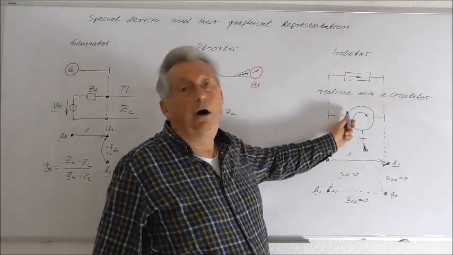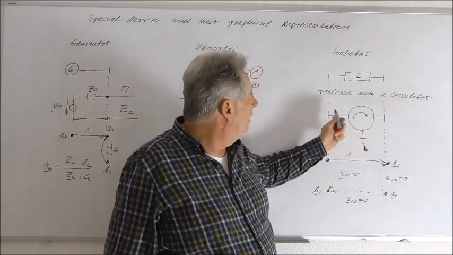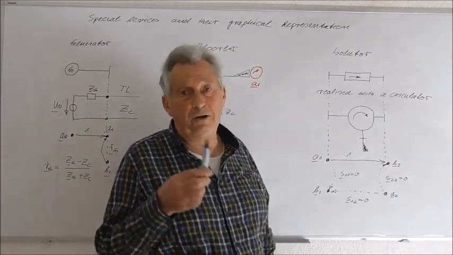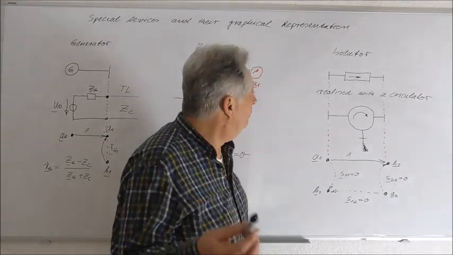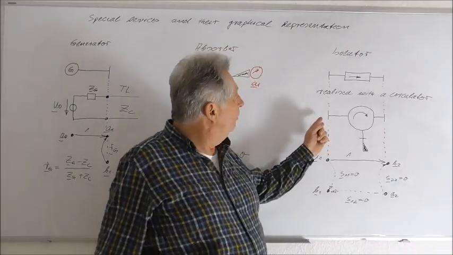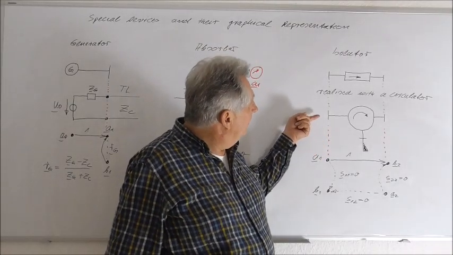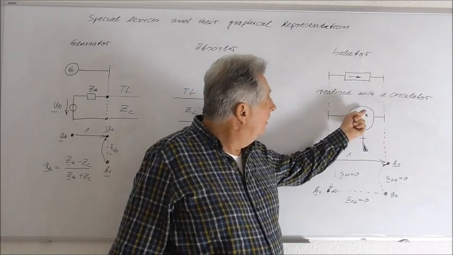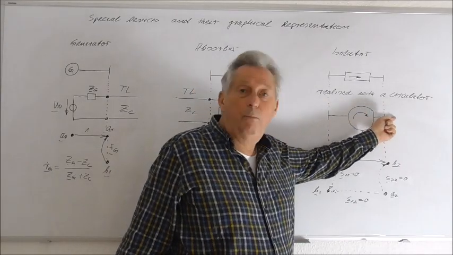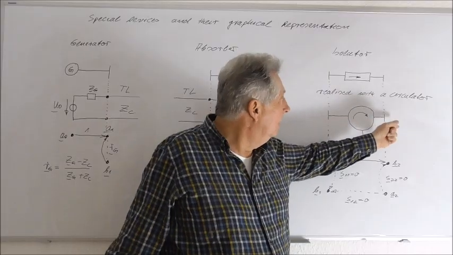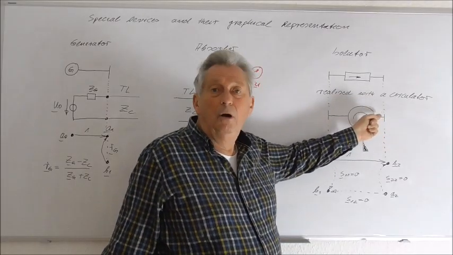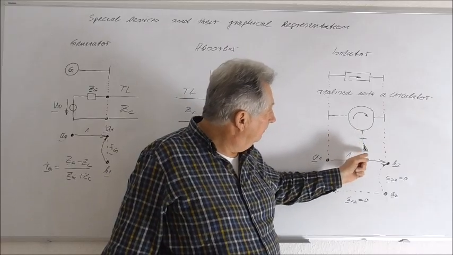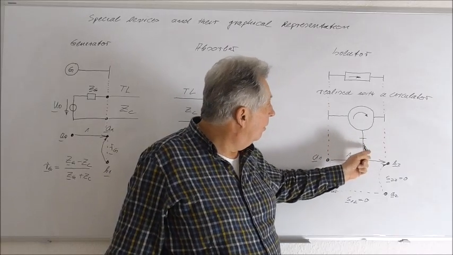And here I sketched how, for example, an isolator can be realized with the help of a circulator, but unfortunately we did not talk about the circulator now. But a circulator works like this. If a wave enters into the circulator, it will emit the wave from port 2, for example, and if a wave enters into port 2, then it will come out of port 3, and here the wave will be absorbed again.